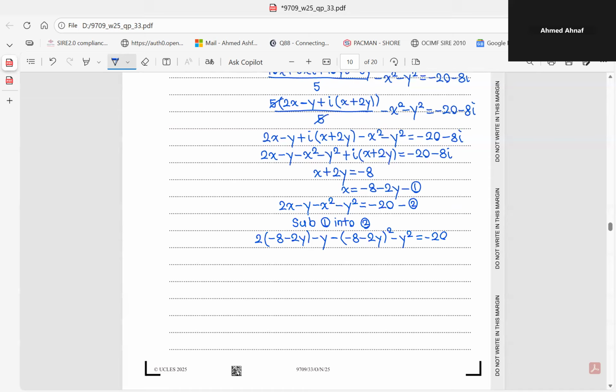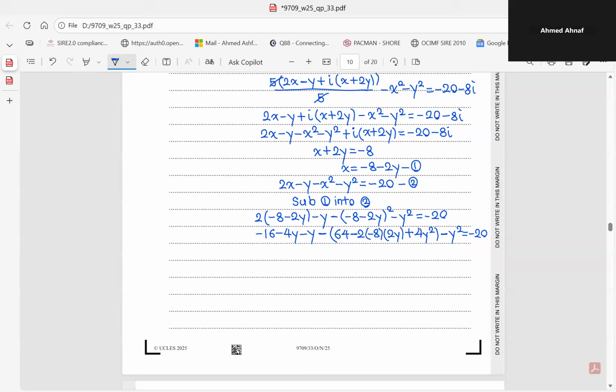So 2 times minus 8 is minus 16. 2 times minus 2y is minus 4y, minus 4y, minus negative 8 squared, that is 64, minus 2 times negative 8 times 2y, plus 2y squared, which is 4y squared, minus y squared equals minus 20.